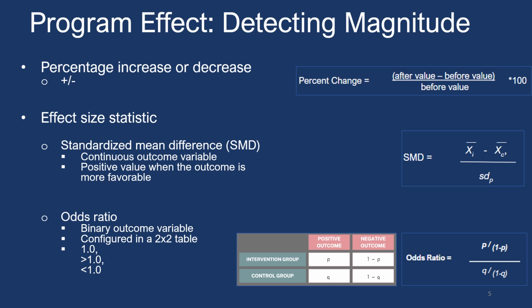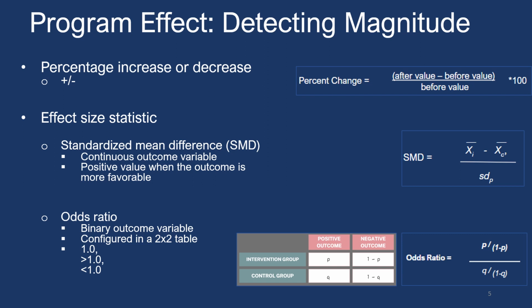However, since many outcome measurements use arbitrary units and lack a true zero, this isn't always the best approach. And so often evaluators will rely on the effect size statistic, which is more appropriate than a raw score comparison or the percentage change. This approach standardizes the outcome measurements to make them comparable to others that may use a different unit or scale.